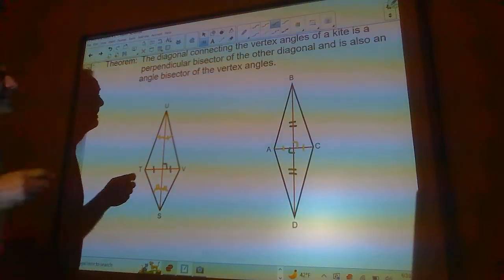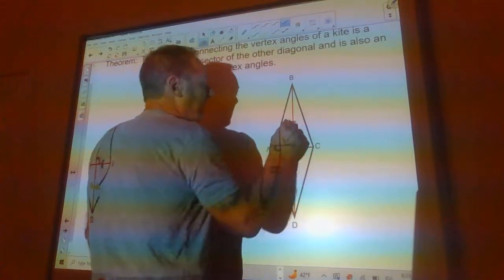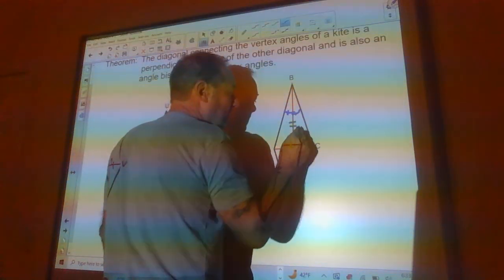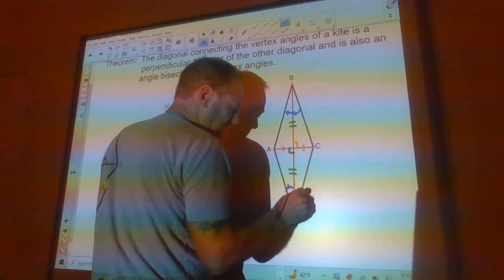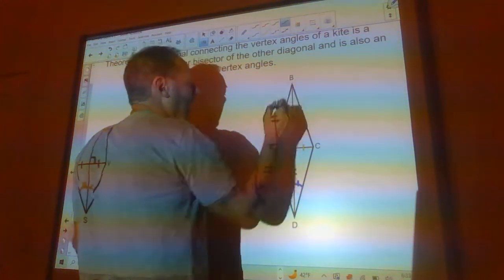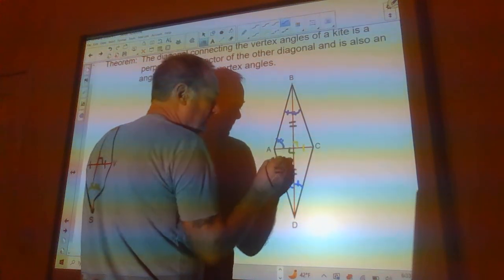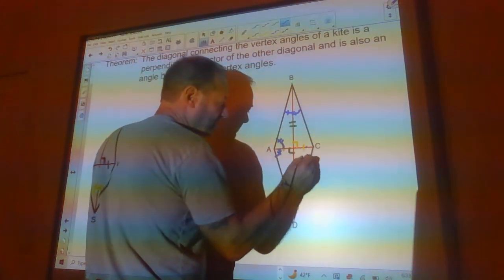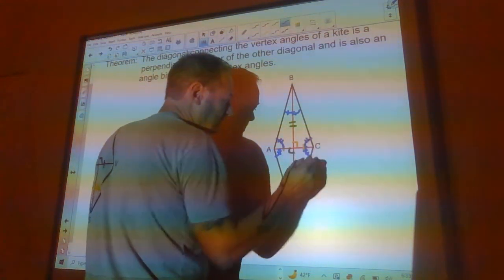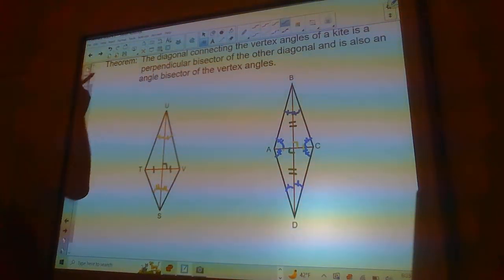And in this case, all four of these angles are equal, and all four of these angles are equal.